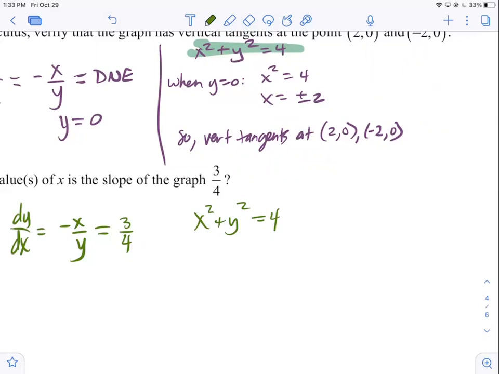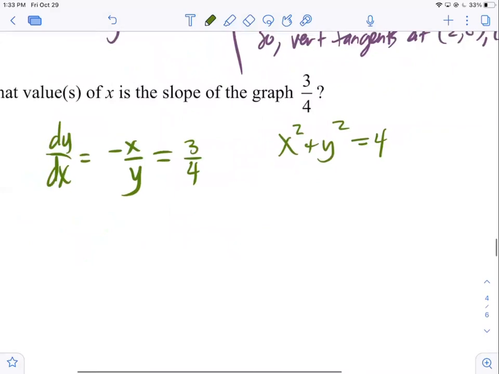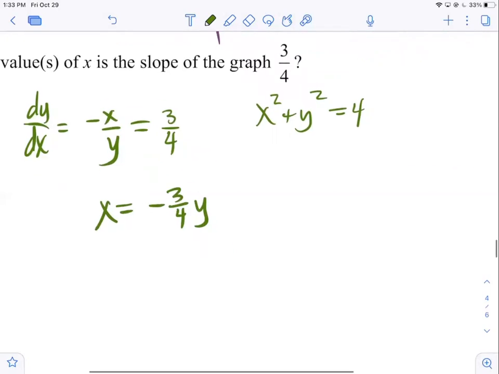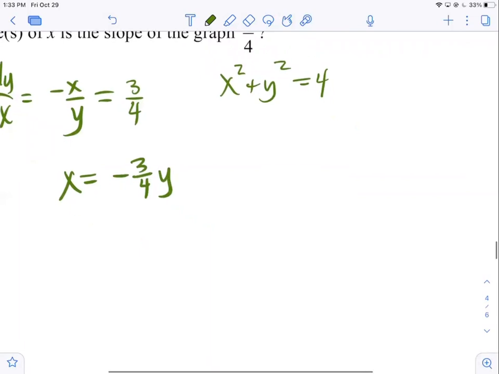Hey, let's do this. Let's take this equation and solve it for either x or y and substitute it right in here. Does that sound good? Yeah. So I'm going to multiply both sides by -y. How about that? So this becomes x equals -3/4 y. Or if you want, you can say y is -4/3 x. Oh, man. Okay, so you plug it in, and here's what's going to happen.